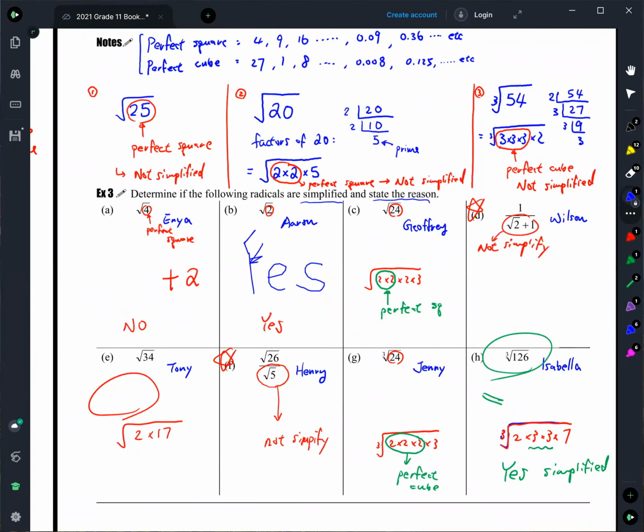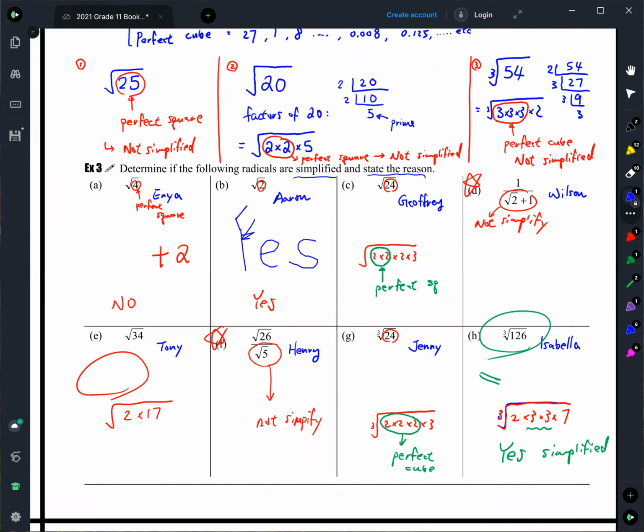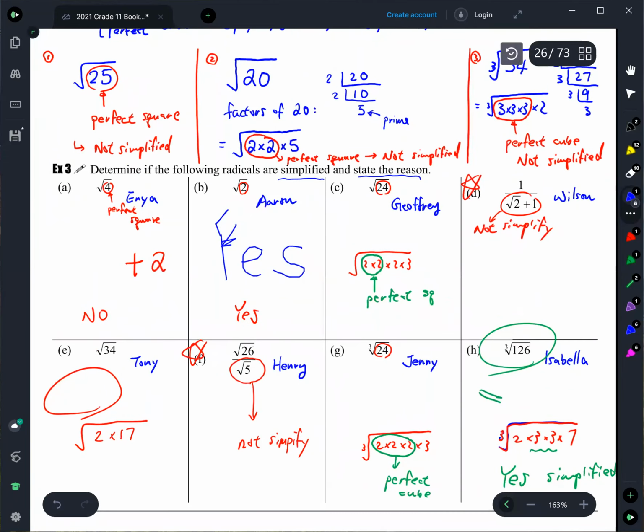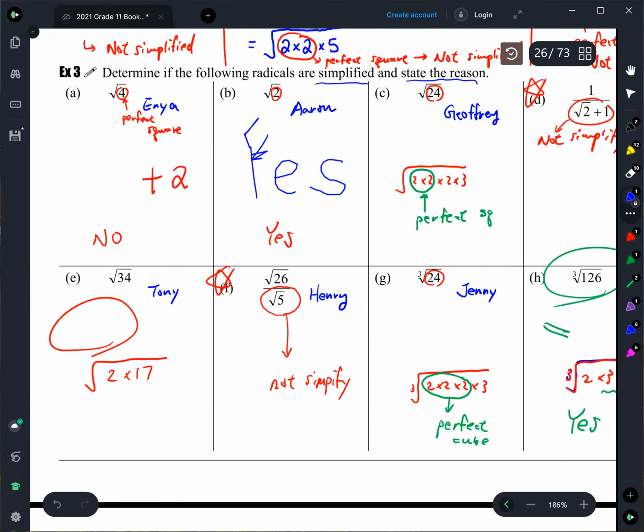We can still see some of your answers. For example, question D, Wilson did this one, right? It's not simplified because there's a square root 2 in the bottom. Question F, because there's a square root 5 in the bottom, it's not simplified.